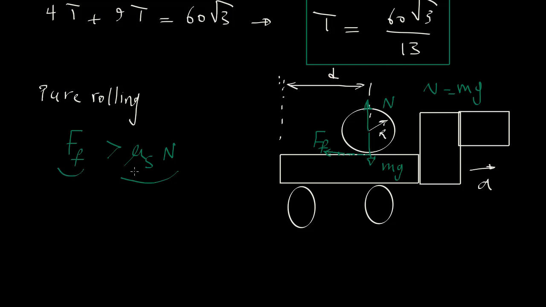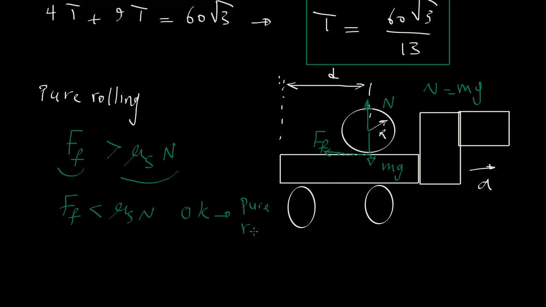If that value is smaller than this, then we are okay. The friction force has not reached its maximum, which is mu_s N. So if F_f is smaller than mu_s N, that means that we have pure rolling.